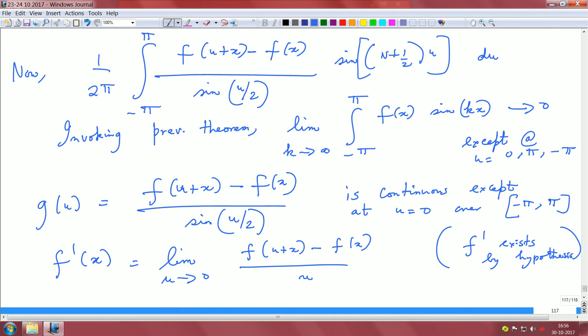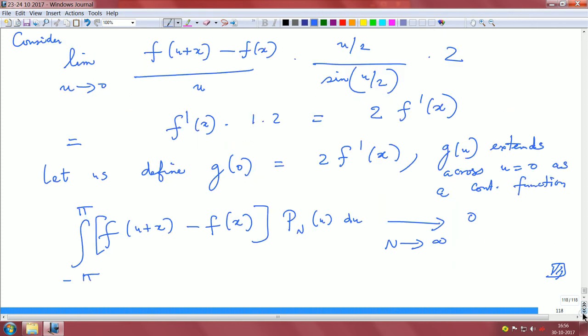But when u is equal to 0 we have trouble because we have a 0 by 0 form. So, we have to consider it carefully, and using the derivative definition for the function f of x, we show that we can extend g of u as a continuous function at the point u equals 0. Then still we are okay, and therefore the Fourier series expansion in the limit form converges to the function itself.